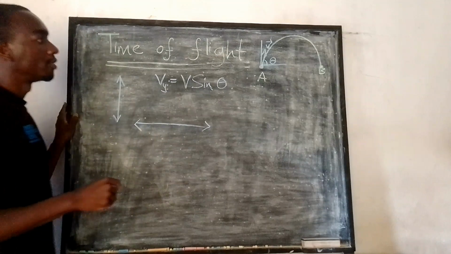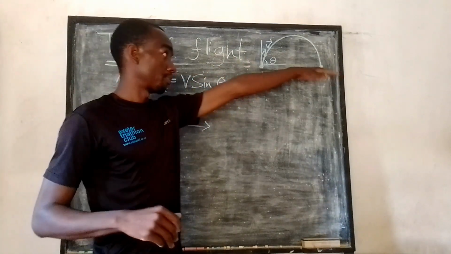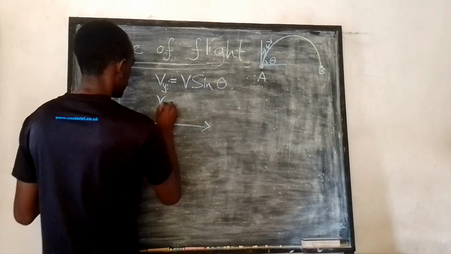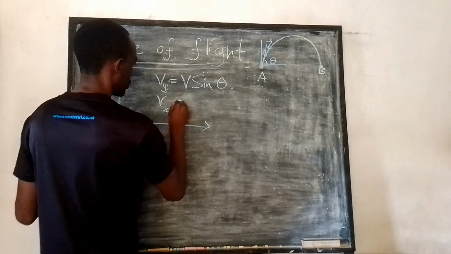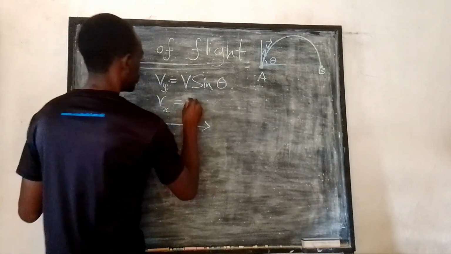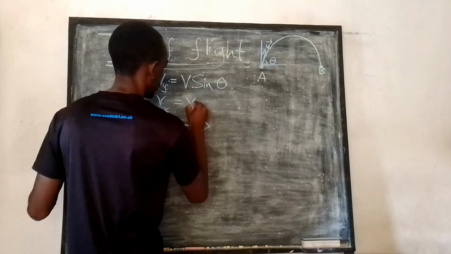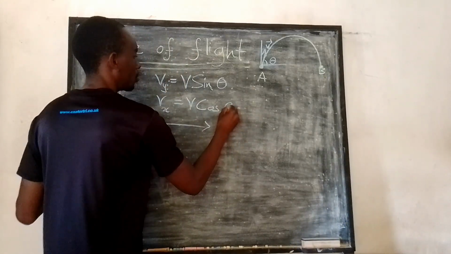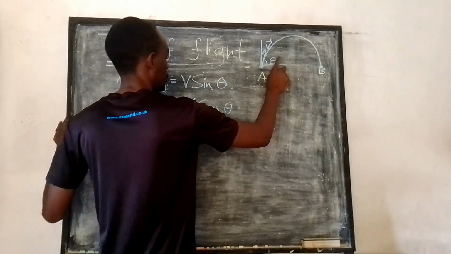And the velocity associated with the horizontal component would be what? Let's call it vx. In this case, it would be v cos theta.